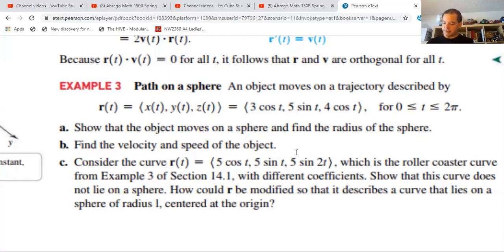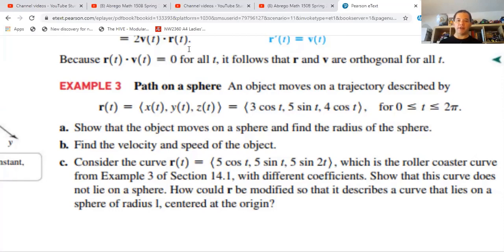So, example 3. First part is to show that the object moves on a sphere and find the radius of the sphere. Okay, so to do that, what we should do is figure out the magnitude of the original one. And I'm writing it. So that's 3 cosine t, 5 sine t, 4 cosine t.